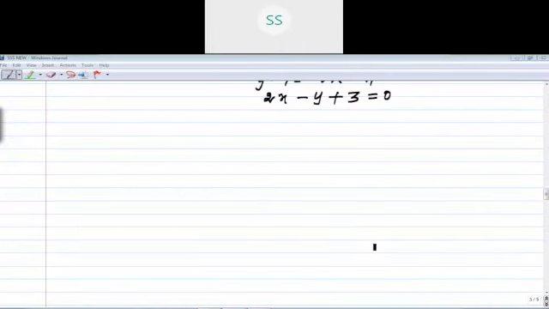Yeah, the previous class I discussed, right? The equation of the tangent, we found it as 2x minus y plus 3 is equal to 0. The continuation I am going to do.